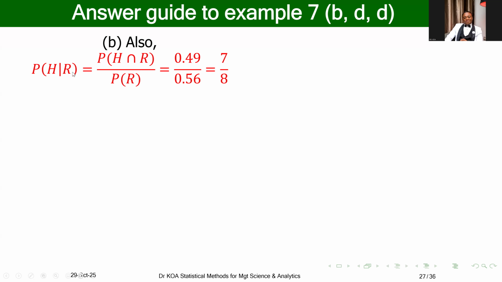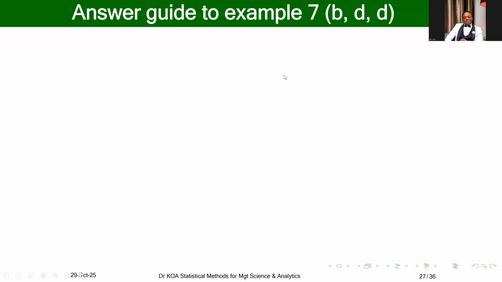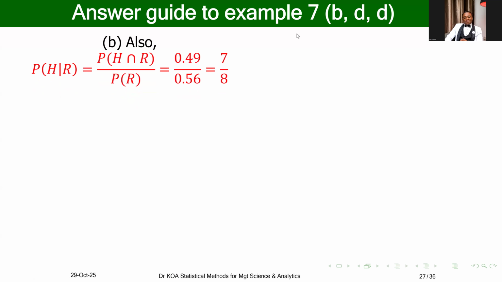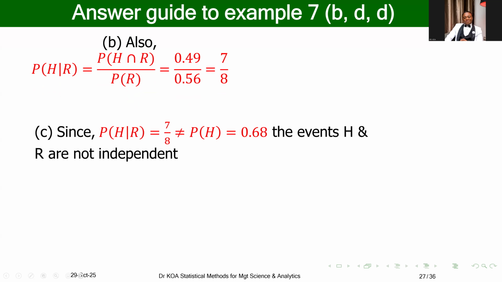That is a given. Given that he has R, what is H? That means you have to use the intersection, and we already know the intersection, because we're given it here. And then we just divide that by the R. That is 0.56. And that will give you this value.